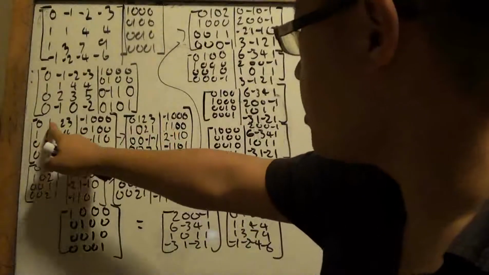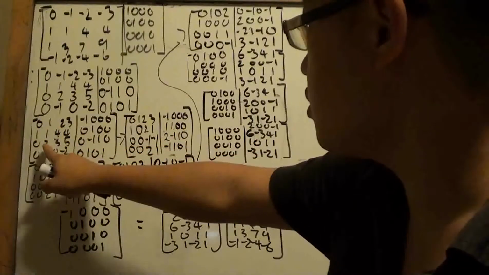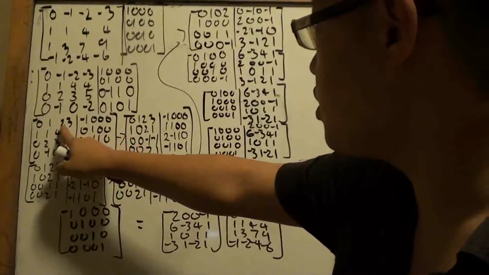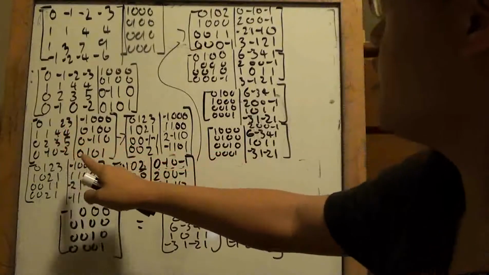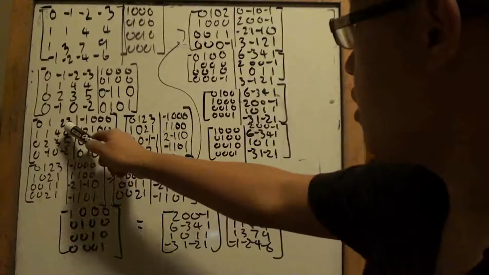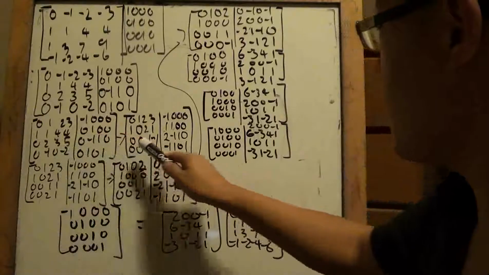Next one, I'm timesing the first row by -2. So it's going to be -2 plus 2 is 0. 2 times -2 is -4, plus 3 will give me -1. And 3 times -2 is -6, plus 5 gives me -1.